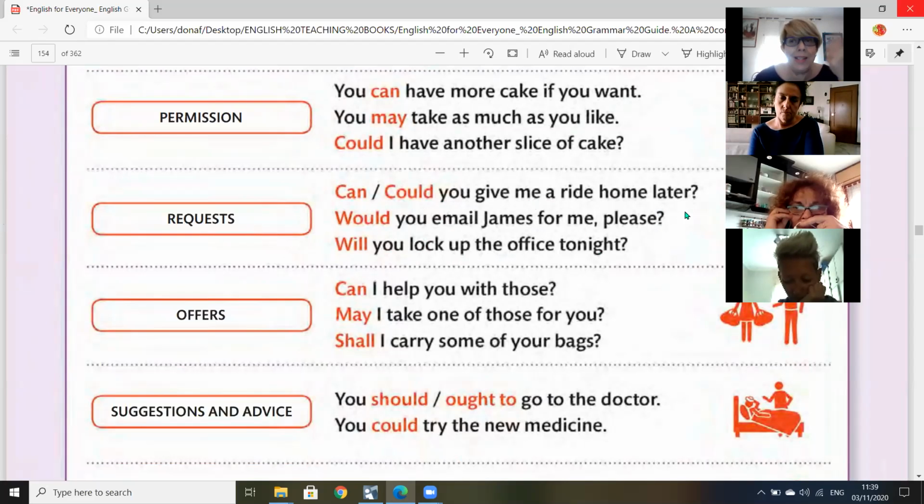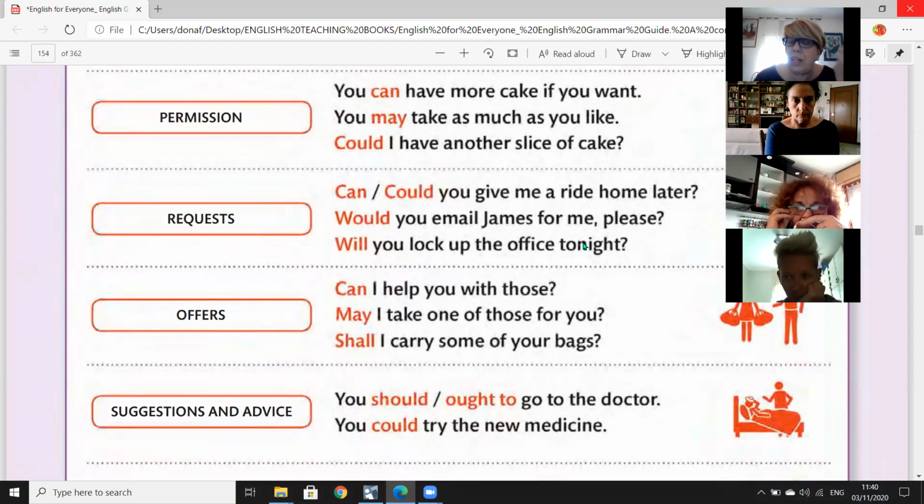I'm requesting something immediately to somebody else. Would you email James for me, please? I use a sort of conditional here. Will you lock up the office tonight? Do you see any differences in meaning in these three sentences?